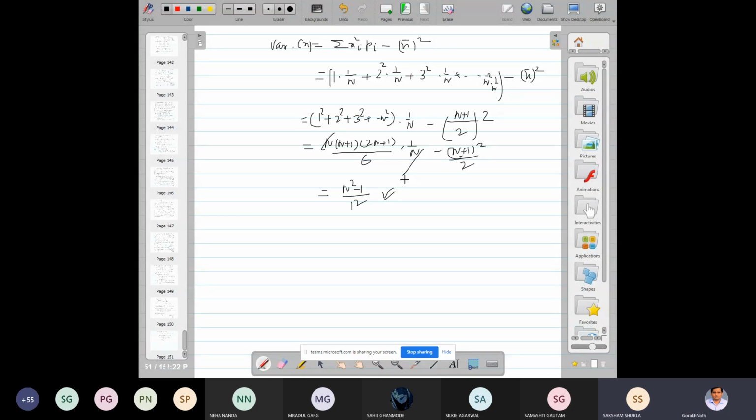The probability of each event is the same. But in the case of discrete distribution, this is not the same for every event. This is the main difference.